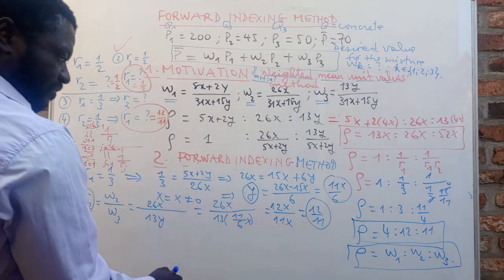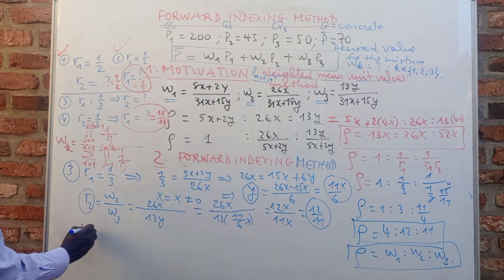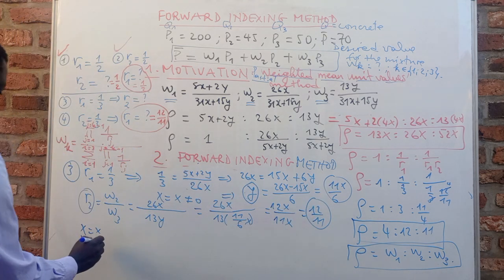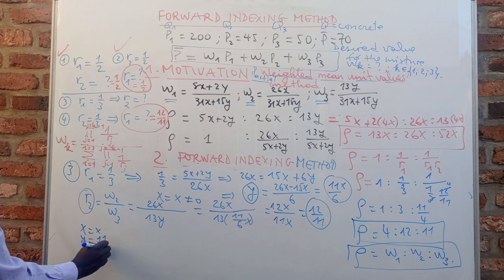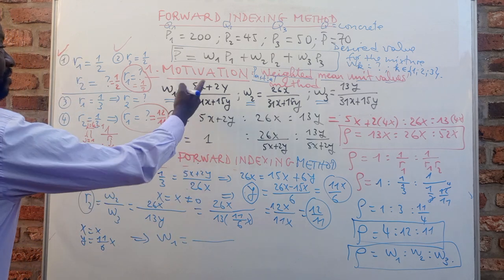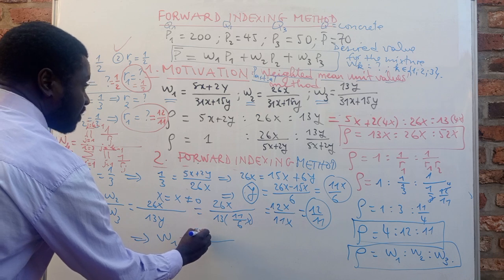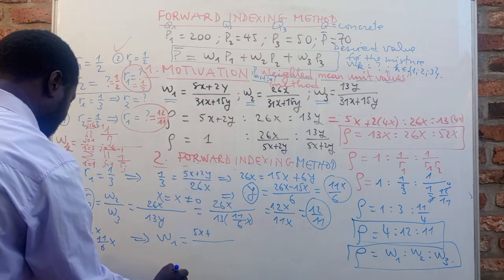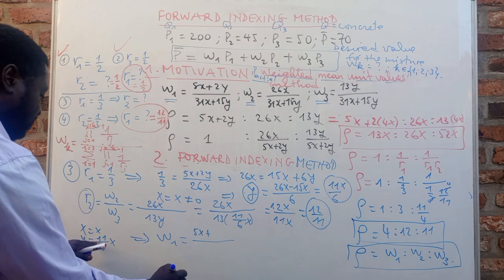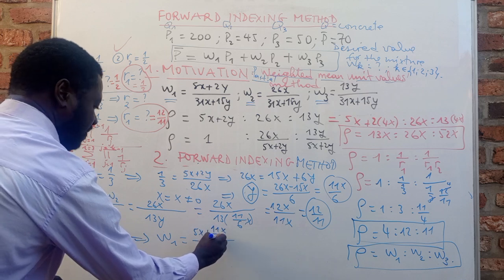For the weight, we can fix x and use y equal to, as we have found, 11 over 6 x. And then we find the first weight is equal to 5x plus 2y. 2 times y is equal to 11x over 3.